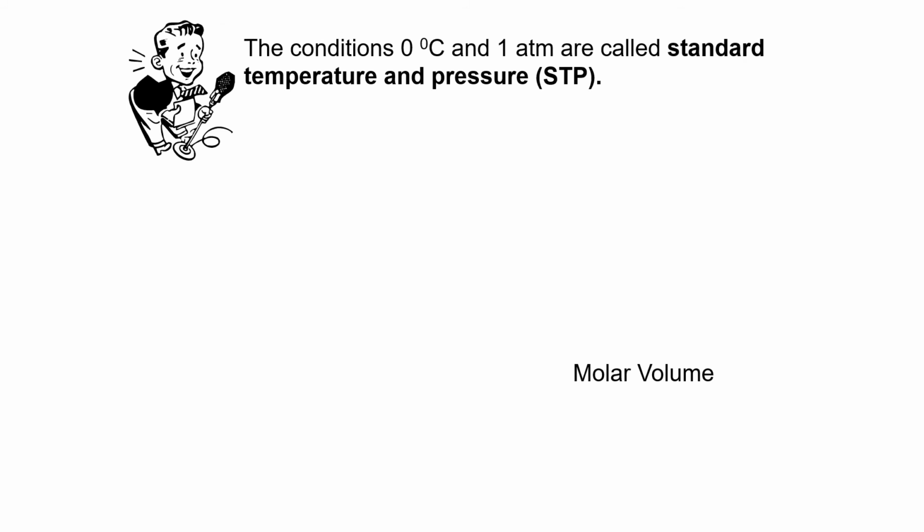So there's another characteristic of gases, and that is molar volume. But before we look at what molar volume is, we need to define what standard conditions are. Standard temperature and pressure are 0 degrees Celsius and 1 atmosphere. So STP, standard temperature and pressure.